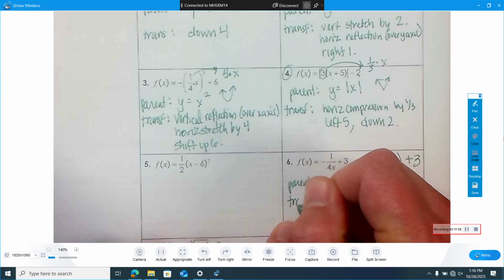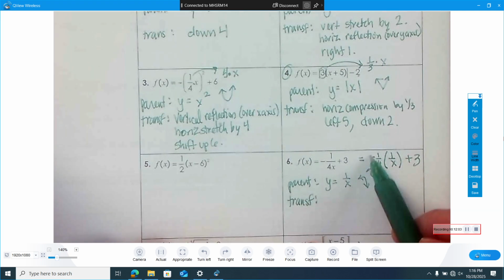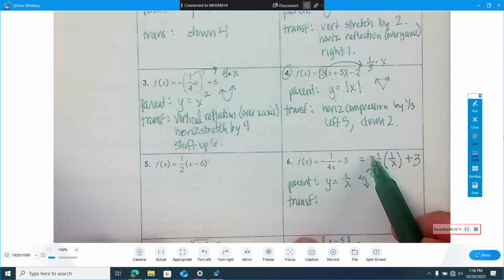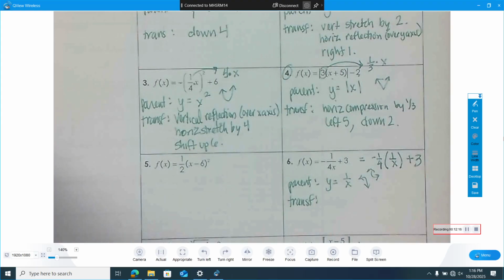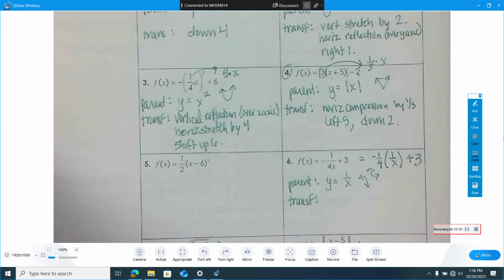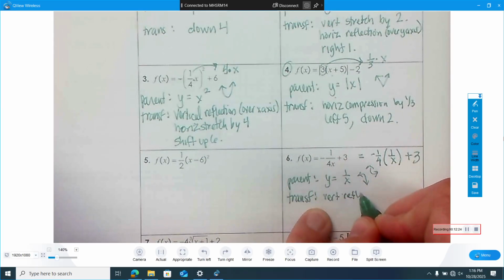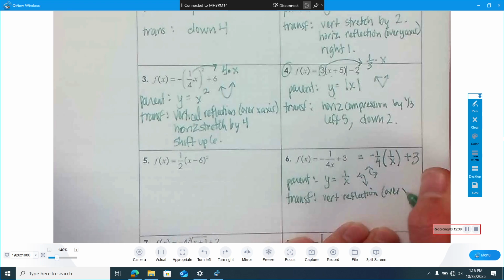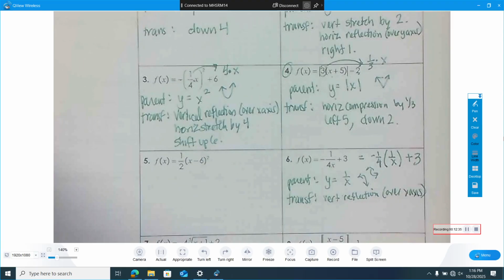All right. So now on the transformations, the reason I sort of pulled off this negative 1/4 is so that you could see, oh, here's my parent function, that 1/x. So what is this negative 1? Well, first, what's the negative going to do? It's a vertical reflection, so it's changing those y values to their opposite. So we have a vertical reflection over the x-axis, yep. And then, what does the 1/4 do to our function?